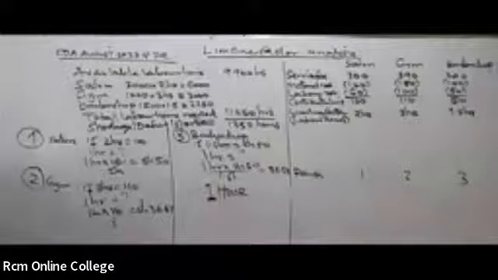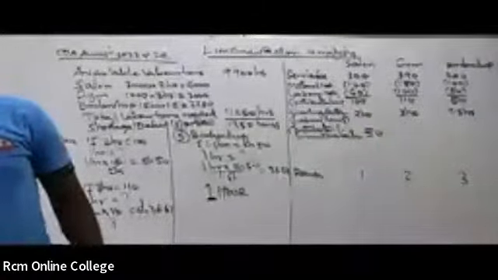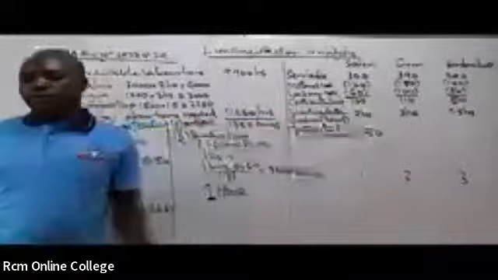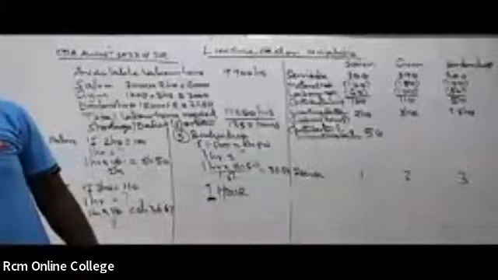Somebody to help us there. What do we have? 100 divided by 2, 50. 110 divided by 3, what are you getting? Very blurry.